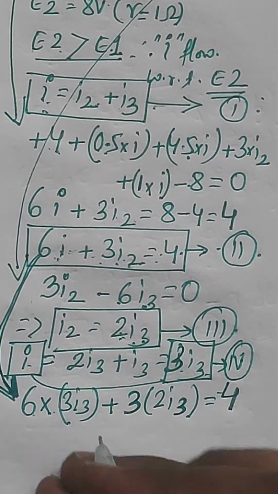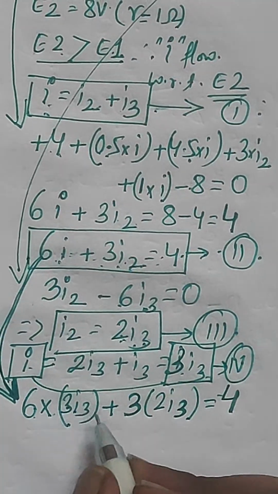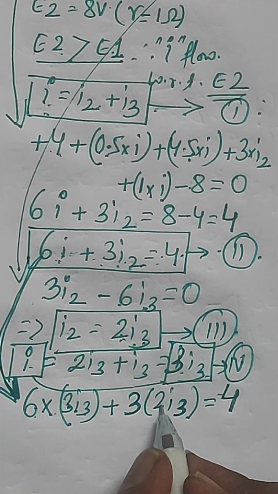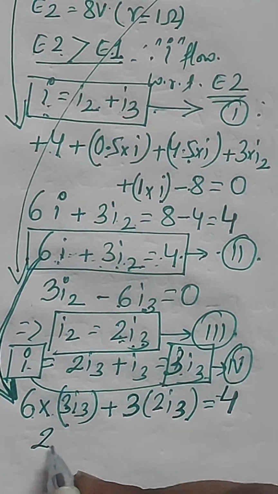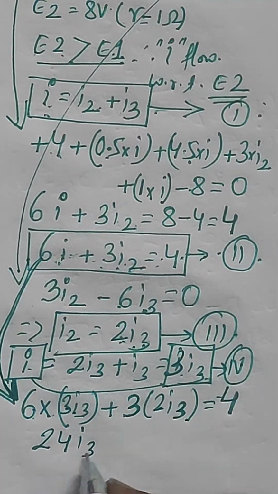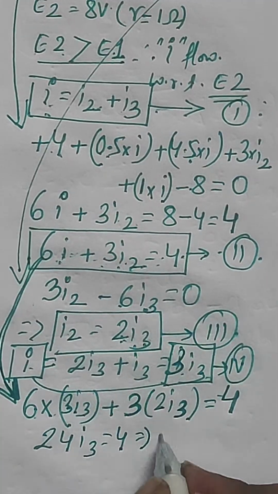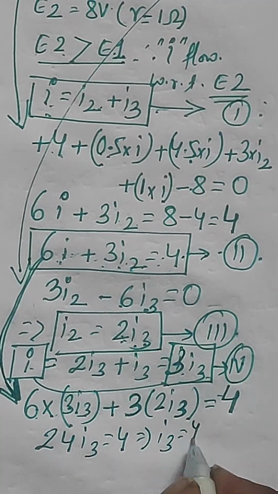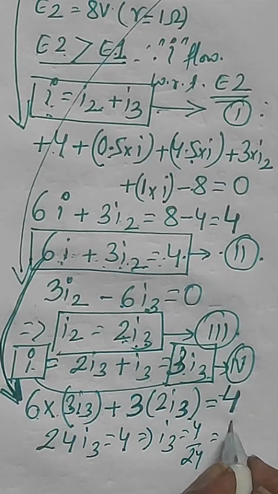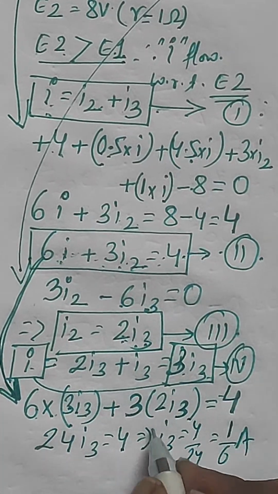Then simply solve it. 6 into 3 is 18, 18 plus 6 is 24. So this will give you 24 I3 is equal to 4, which will give you the value of I3 as 4 by 24, which is coming as 1 by 6 ampere.